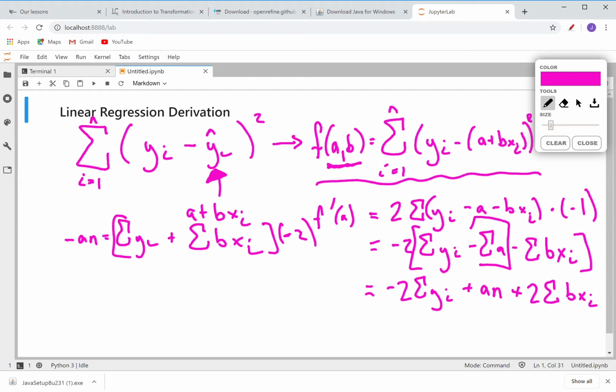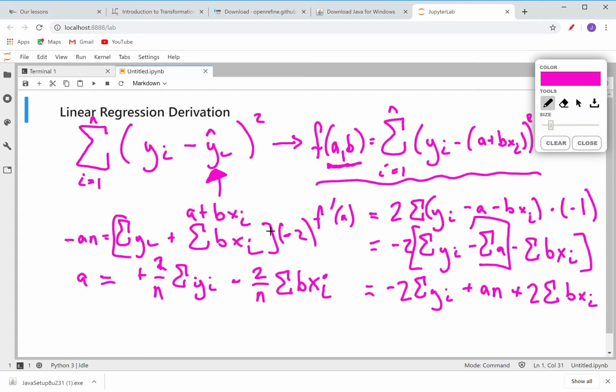These guys will just swap position if we care about that, but I get a equals, in this case, +2 over n times the sum of y_i, minus 2 over n times the sum of b x_i.